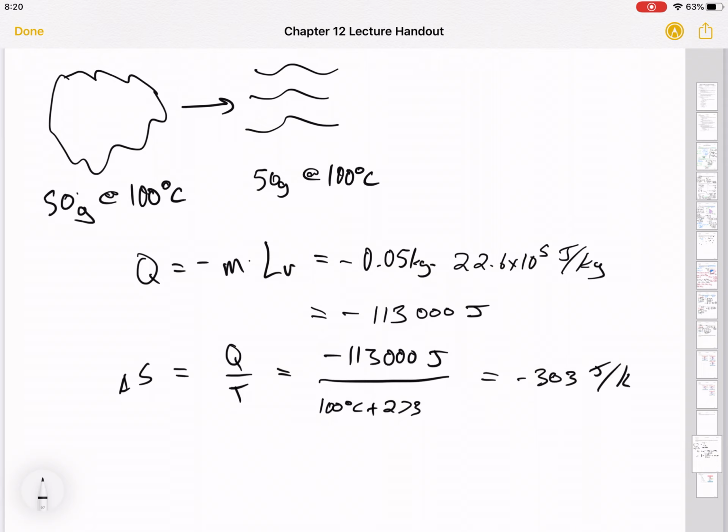So clearly the unit for entropy is joules per Kelvin. And it's negative, right? The system lost entropy. How do I know? Well, because liquid water is more ordered than steam, than gaseous water. And if I kept taking away energy, eventually I would change it into solid water, which is ice, and that has less entropy as well.